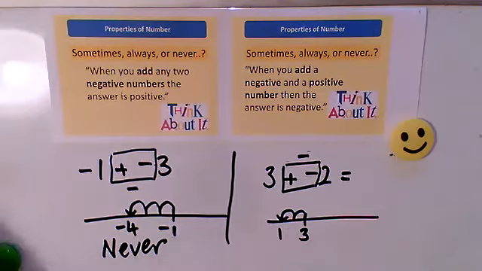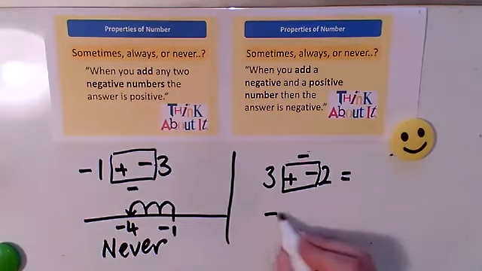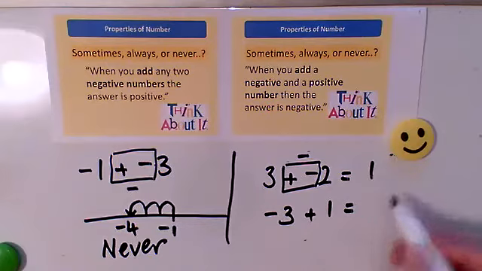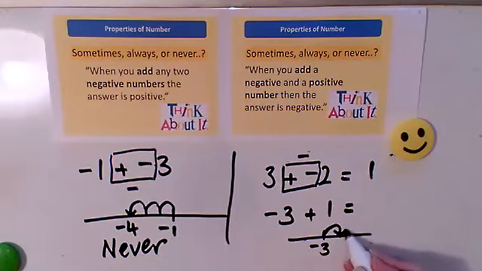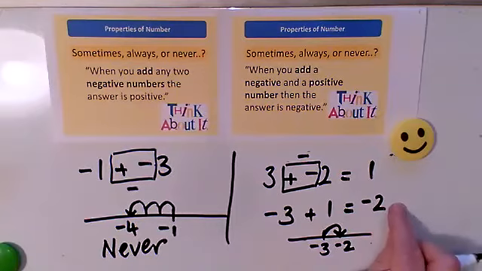If I was to look at it with a couple of different numbers, if I had negative 3 plus 1, I'll just put the answer there, negative 3 plus 1. So on my number line, negative 3, if I'm adding 1, I'm going to get 1 bigger. That would take me to negative 2. So that gives me a negative number.